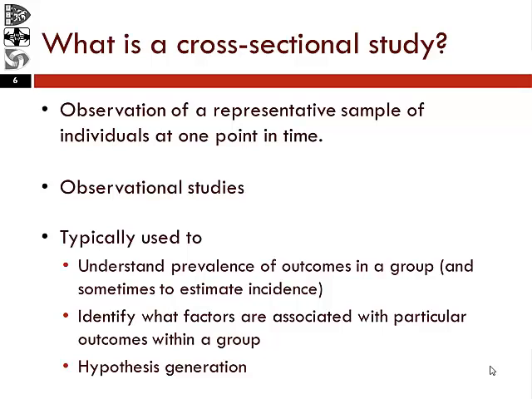We call that hypothesis generation, where we might see some relationships in our study that we want to explore more. Cross-sectional studies are very good at generating these new ideas or new questions, giving us hypotheses that we want to study in the future.